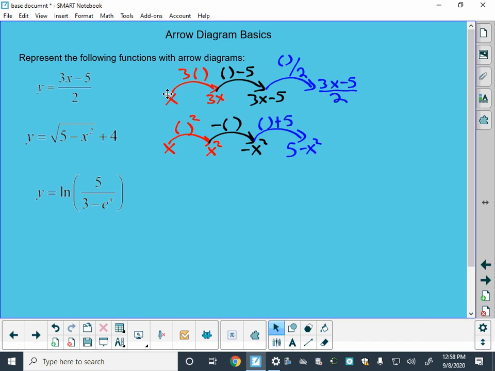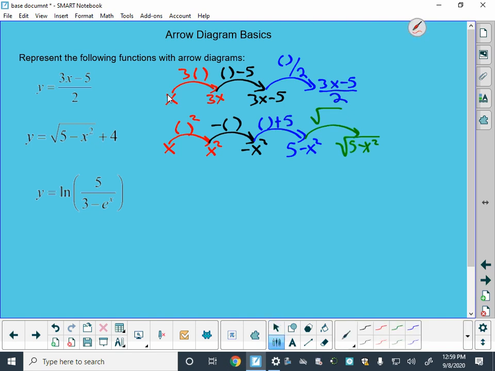That whole 5 minus x squared now shows up under a square root symbol. I'm not going to put parentheses under that square root symbol. That's kind of implied there, but everything that's at the input side of the arrow ends up under the square root symbol. So my 5 minus x squared ends up right there.